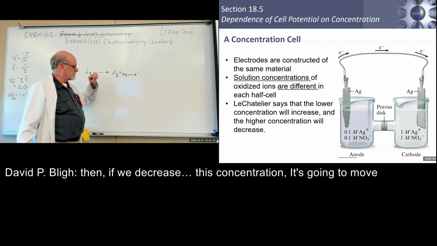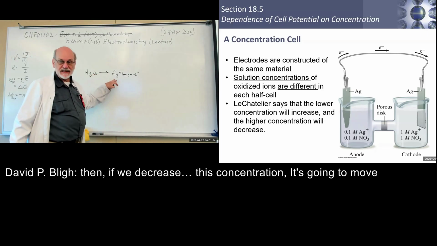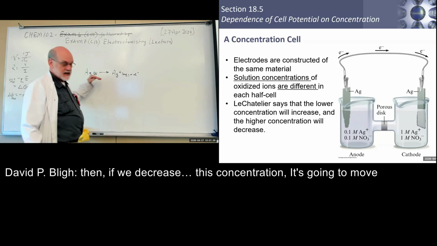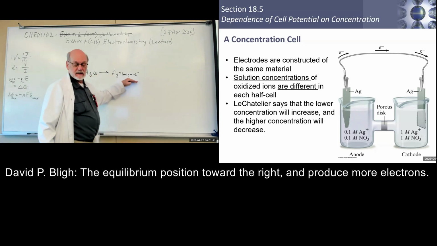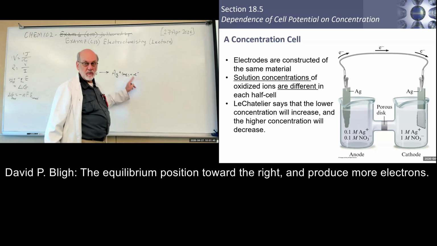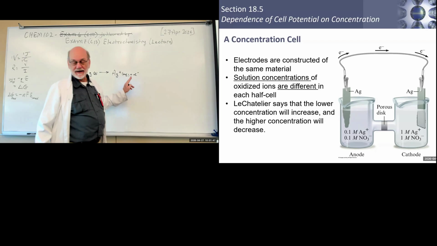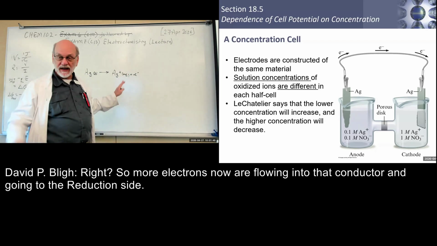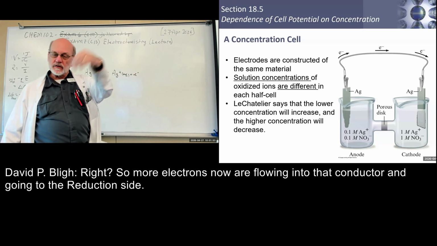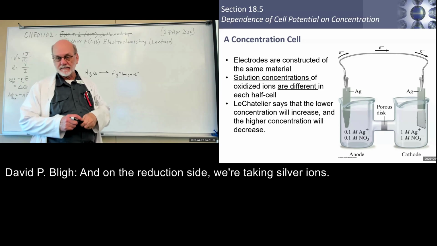Then if we decrease this concentration, it's going to move the equilibrium position toward the right and produce more electrons, right? So more electrons now are flowing into that conductor and going to the reduction side.